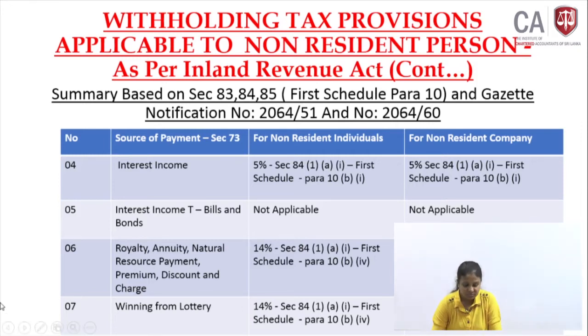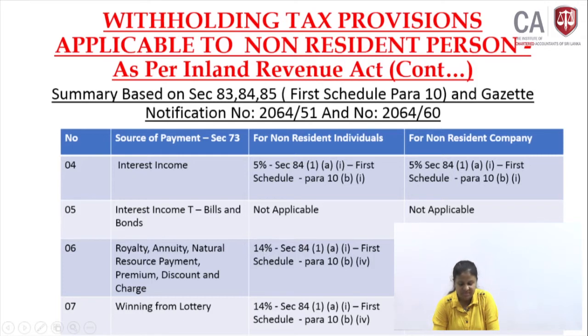Clear? Then the next one includes a lot of the sources of payment under section 73: annuity, royalty, natural resource payment, premium, discount and charge. For all these, the applicable rate is 14%, covered under the same provision we discussed for dividend income. For the company also, the rate is the same, 14%.